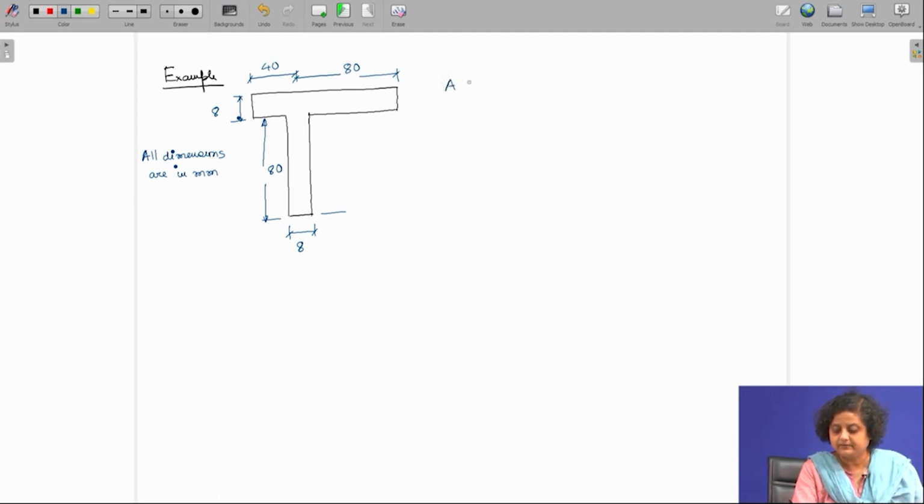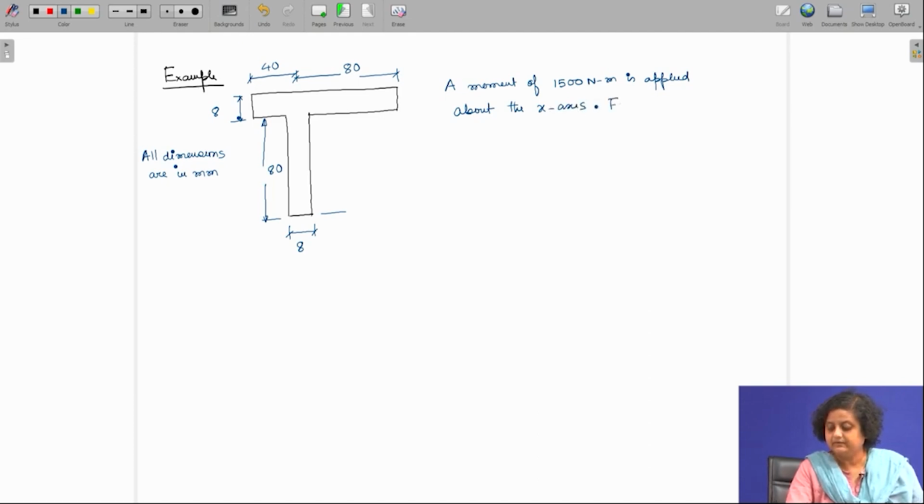moment of 1500 Newton meter is applied about the x axis.